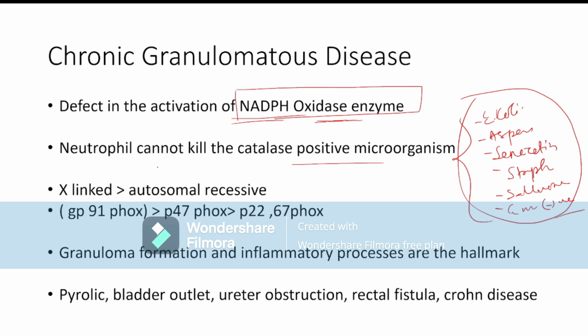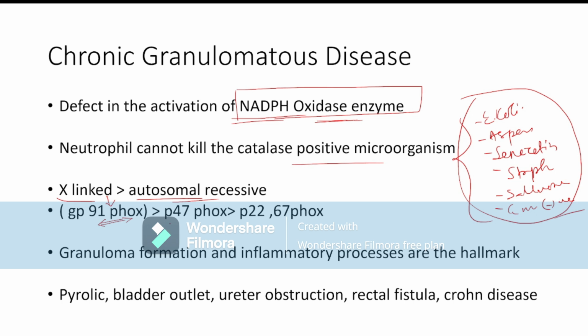As I said, there is a defect in the protein which stimulates the NADPH oxidase enzyme. So it is an X-linked recessive disorder, and we can also see autosomal recessive disease. GP91 phox is the most common protein which is defective, and this is an X-linked disorder.